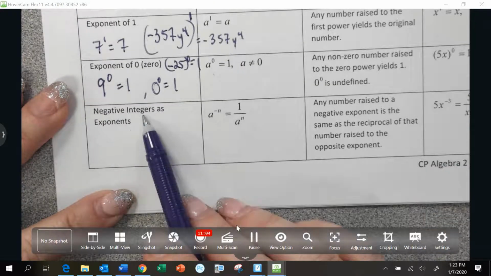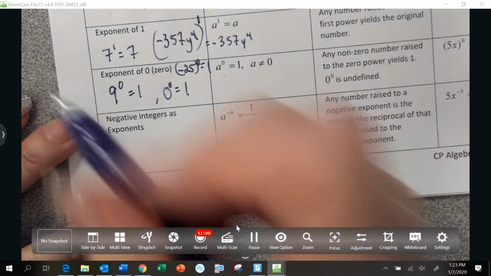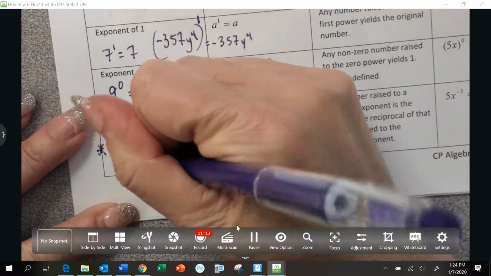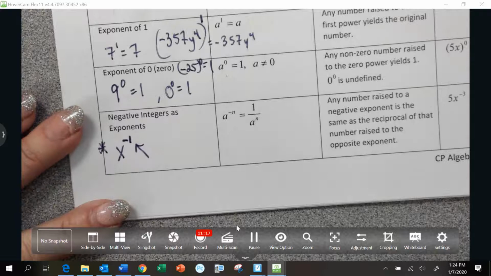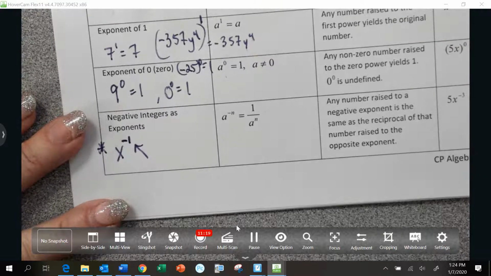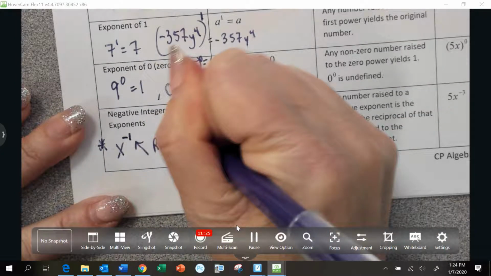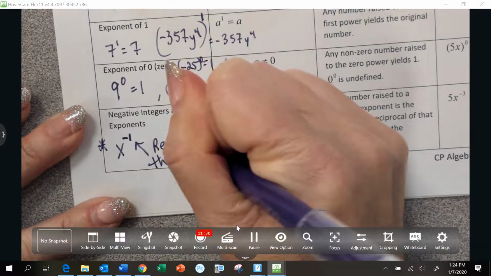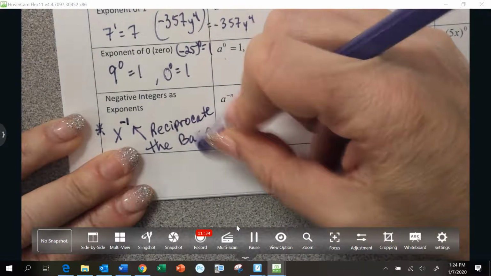Negative integers as exponents. Okay? This is where I said I was coming back to that. When we have an exponent of negative 1, this is directions. It tells us to reciprocate the base.